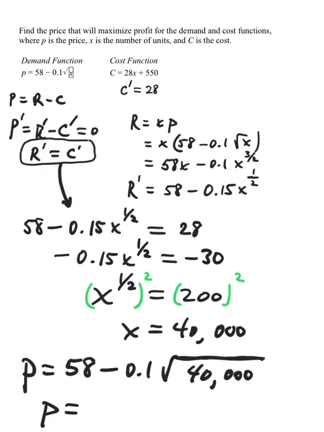Let me write a little neater. Okay, so 0.1 times the square root of 40,000 is 20. That worked out nicely, which gives us a price of $38 per unit.